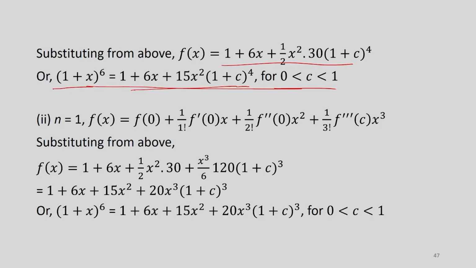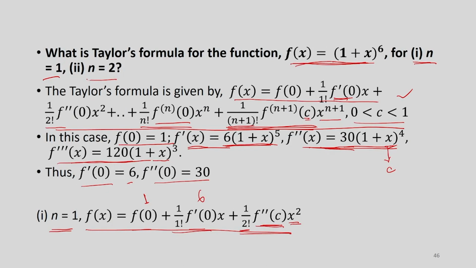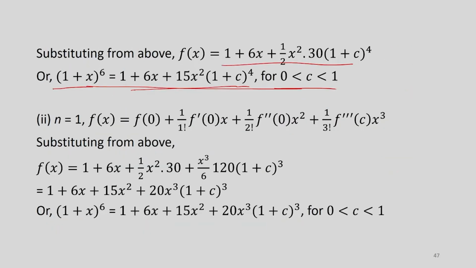Now, we look at what is the function at n is equal to 2. Okay. So, here this is not 1, it is actually 2, n is equal to 2. Now, just as we have done in the first part, here let us first try to write out the function for n is equal to 2.